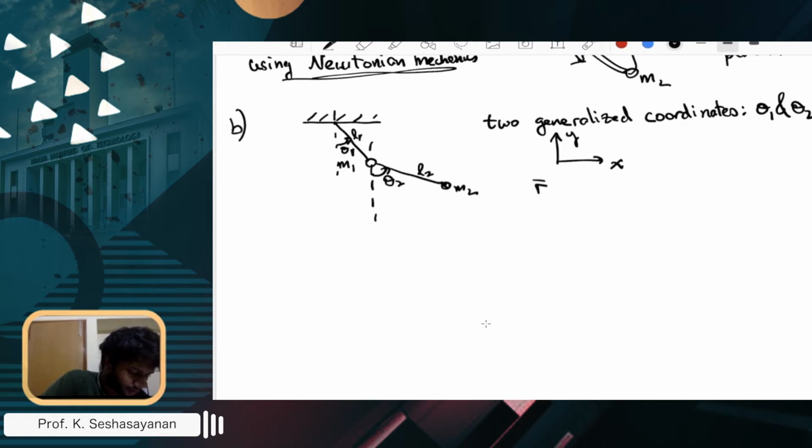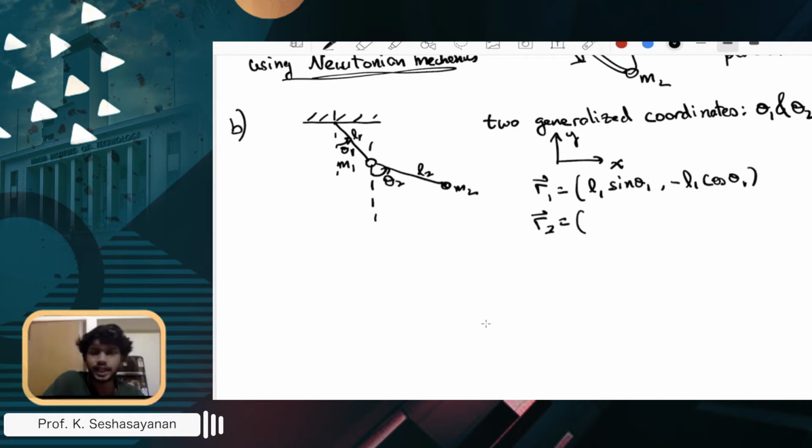So let's say r1 vector, which is the position vector of the mass m1. This is nothing but, along x direction it's L1 sin theta 1, and along y direction it's minus L1 cos theta 1. Similarly, one can do the same thing for the position vector of mass m2.